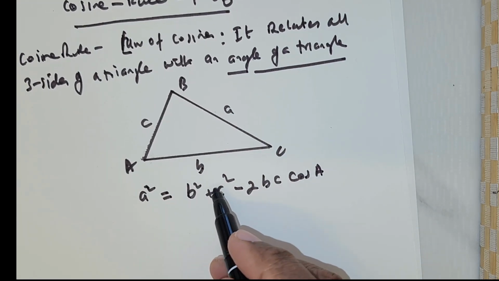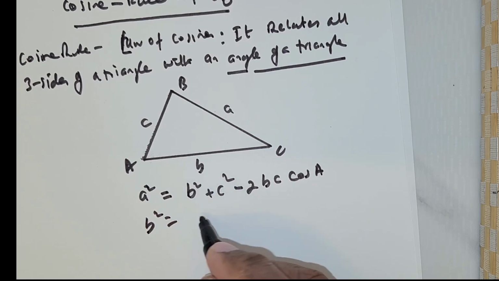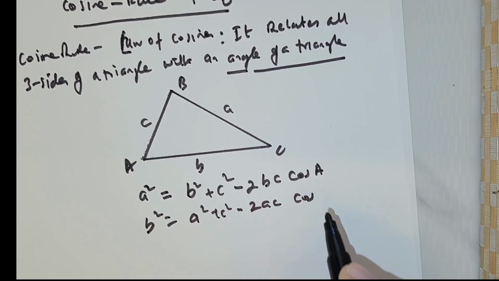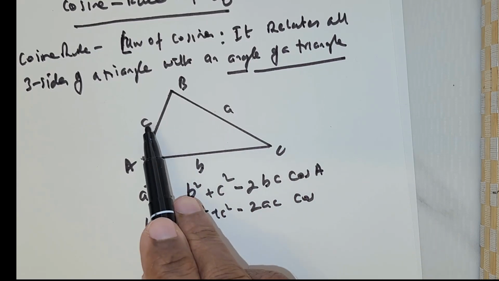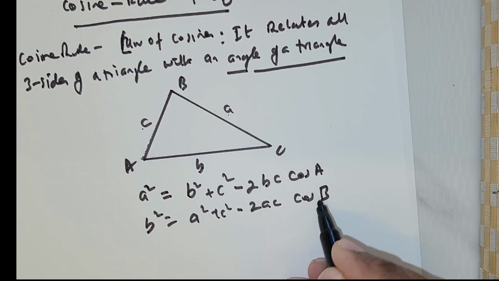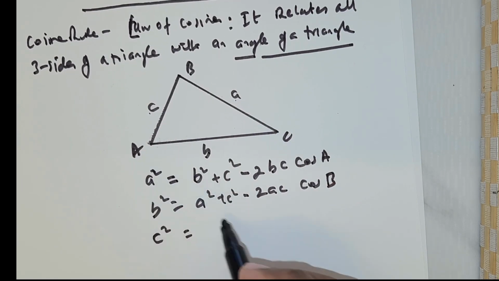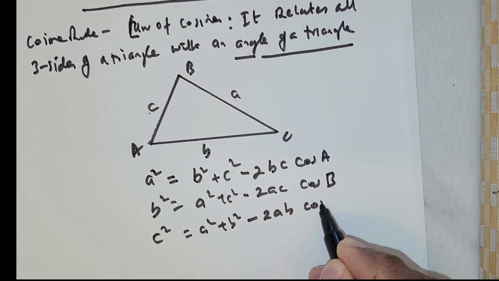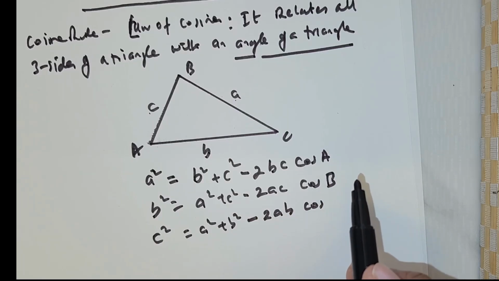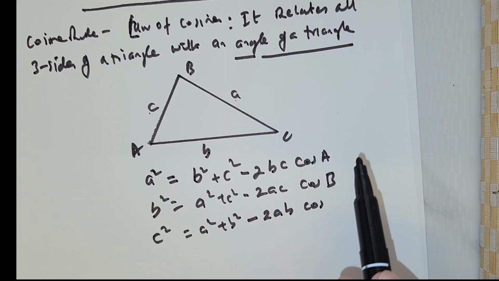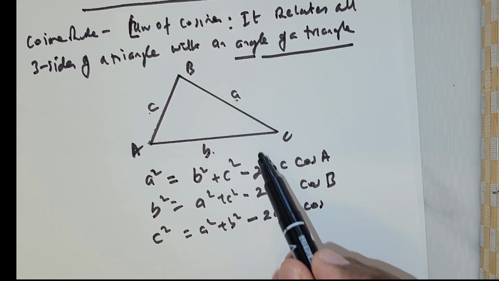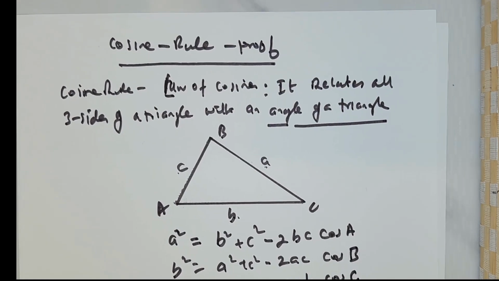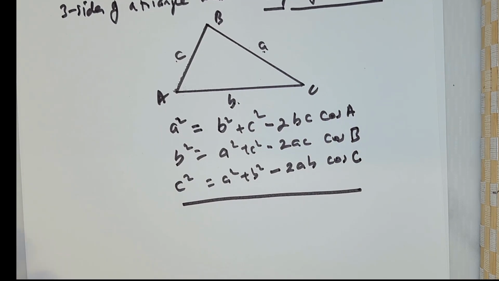Now b squared is also equal to a squared plus c squared negative 2 times a c cos of the angle between a and c, so that's cos B. And c squared is equal to a squared plus b squared negative 2 times a b times cos of the angle between a and b, so that's cos C. So this is the all-important formula for the cosine rule.